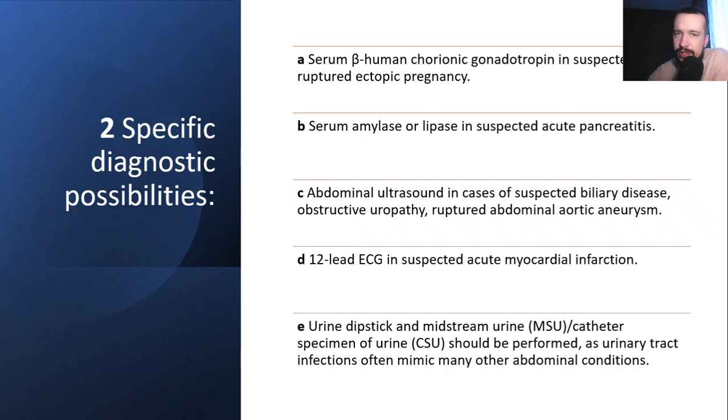Please remember that sometimes acute abdomen is the symptom of myocardial infarction. Urine dipstick and midstream urine or catheter specimen of urine should be performed, as urinary tract infections often mimic many other abdominal conditions.